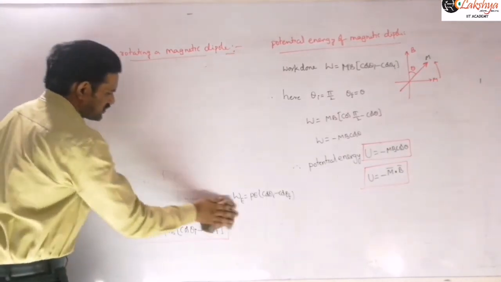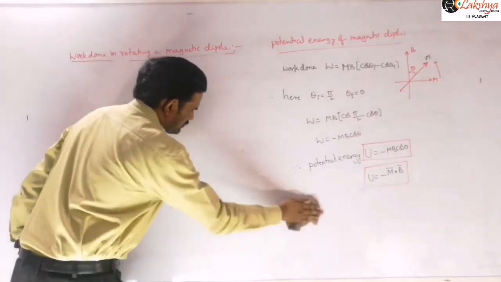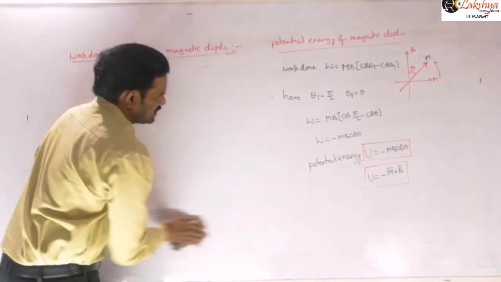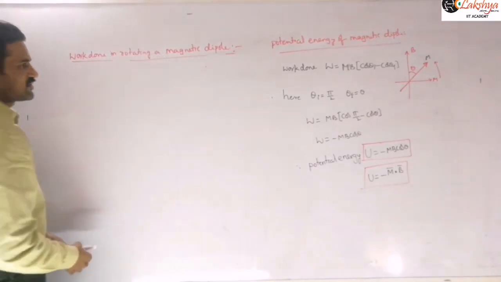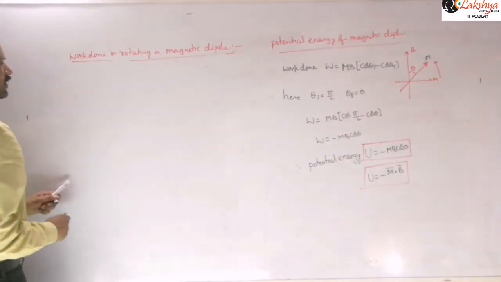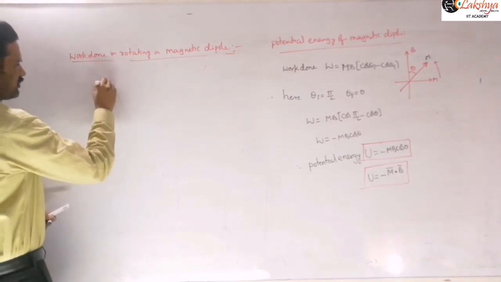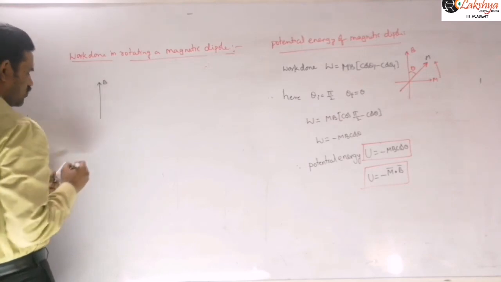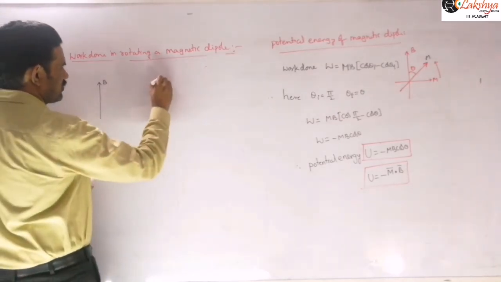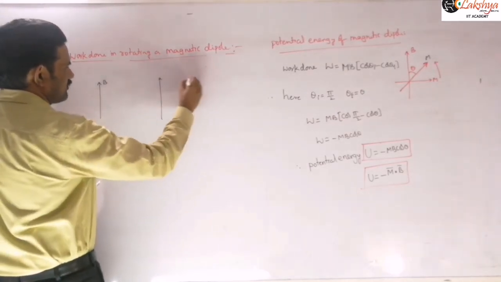I will mention all those conditions simply in terms of directions. So this is the direction of B bar, I am taking here. Now let us take three possible cases.